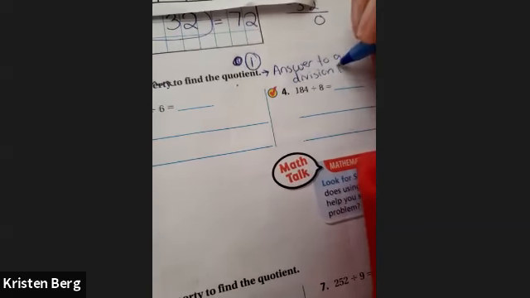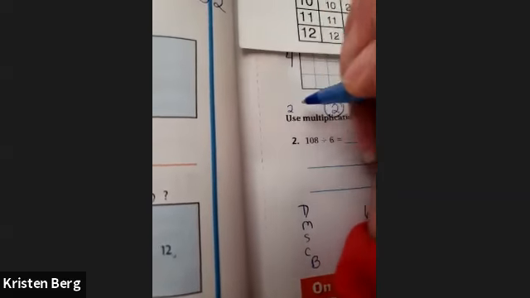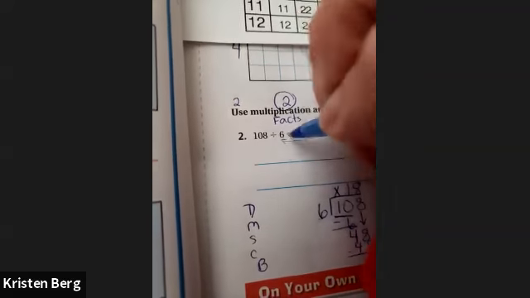So again, quotient means answer to a division problem. And then the next thing I want you to do is just give me 2 multiplication facts off of these numbers only. So all you would do is work backwards.